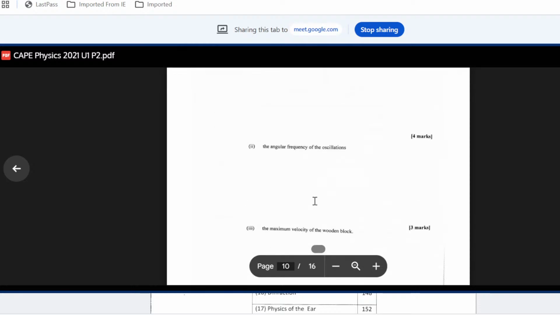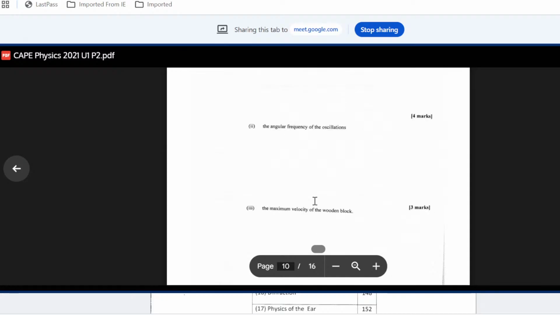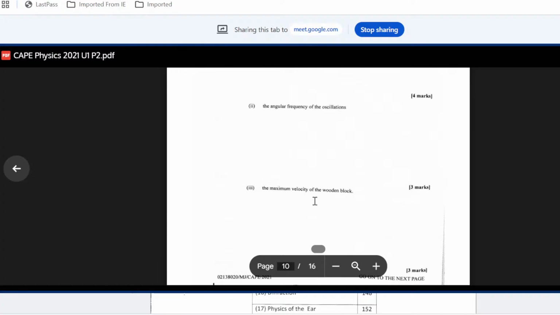It was 4 marks. You got something different? Yeah, I think I may have done something differently. I got 0.010. It's probably just based on rounding and that type of thing.